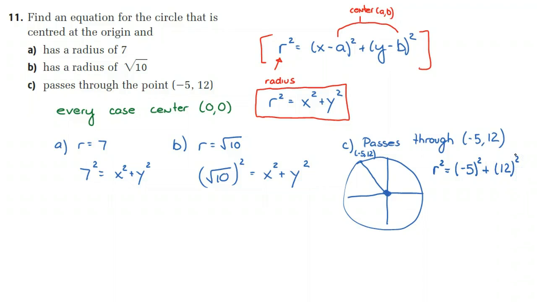What you might notice is I've simply subbed this point into the equation of my circle to calculate the radius. So radius squared is equal to 25 plus 144, which is r squared equals 169, which is really nice because the square root of 169 is equal to 13.